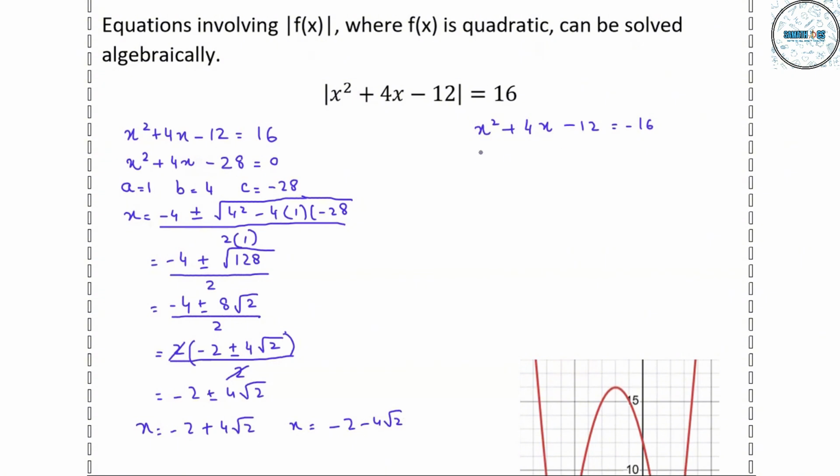Then we'll solve this. x square plus 4x plus 4 is equal to 0. It can be solved using middle term breaking. Plus 2x and plus 2x are the factors of 4x.